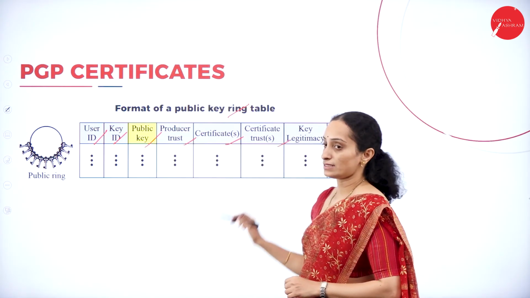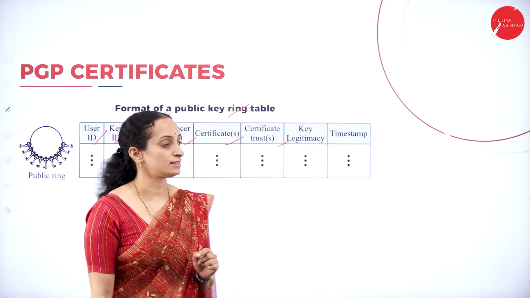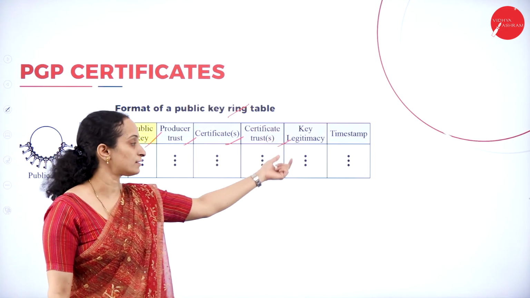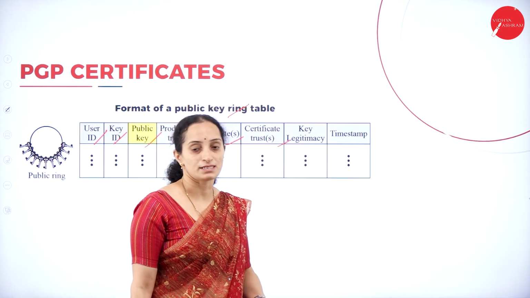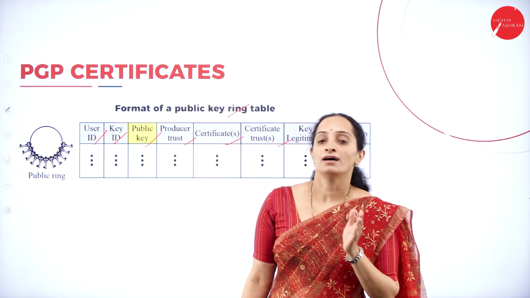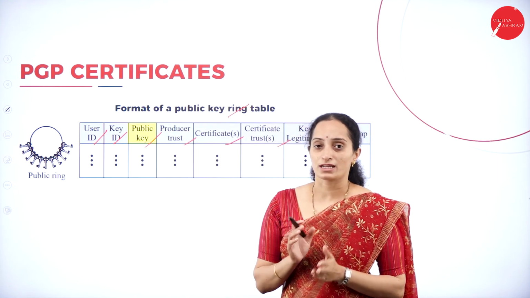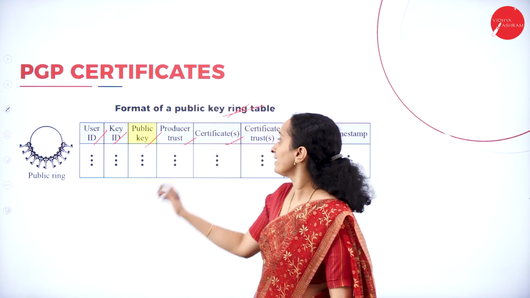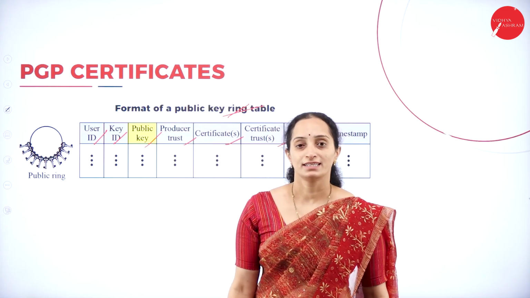Then the certificate trust, who has given this, and the legitimacy of the key. That certificate will be there, and the timestamp in which the key has to be used for encryption and decryption will be specified in the key ring table of the public keys.